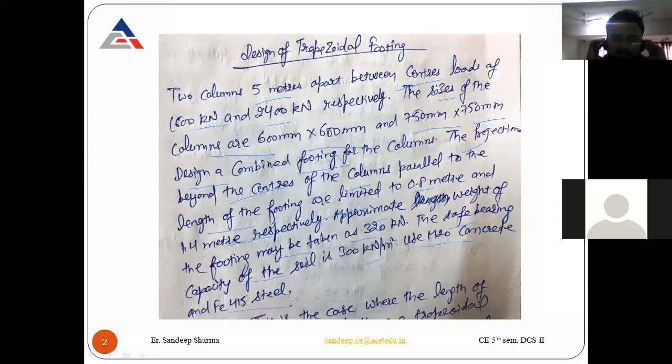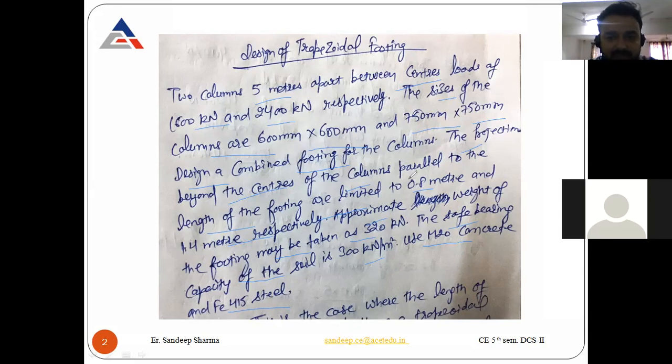So this is the data we have, in which we have two columns with axial loads of 1600 and 2400 kilonewton and a center distance of 5 meters. The sizes of the columns are 600 by 600 and 750 by 750 mm. On one side the projection is 0.8 meter, and on the other side 1.4 meter.